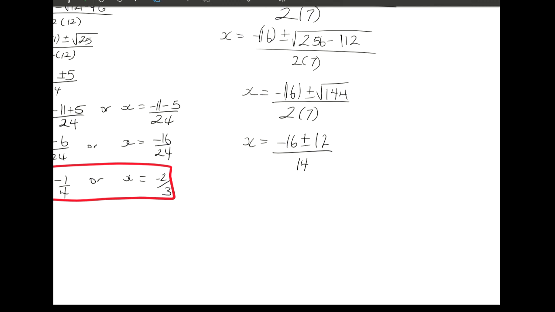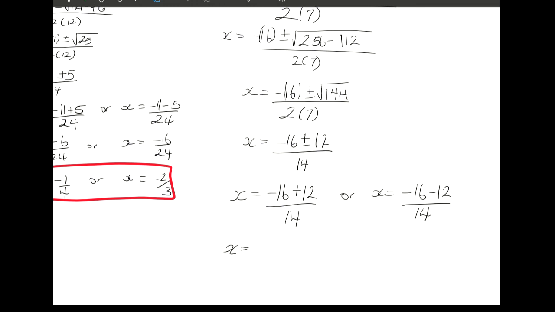And then we have to split this into two equations where in one, the 12 is positive, and in another one the 12 is negative. And then we just solve.